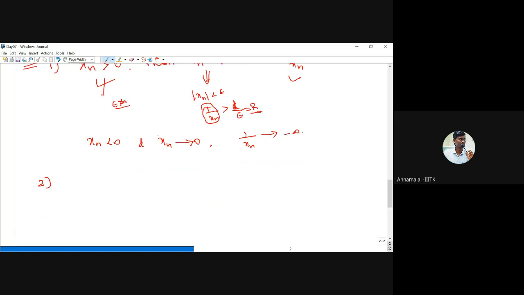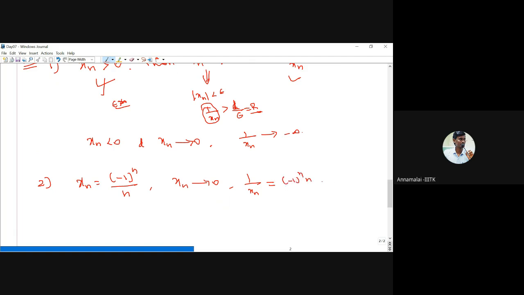Why? Because if you take xn equal to minus 1 power n by n, clearly each xn is not positive, because we get plus and minus terms. But xn converges to 0. Then what about 1 by xn? 1 by xn is nothing but minus 1 power n into n.